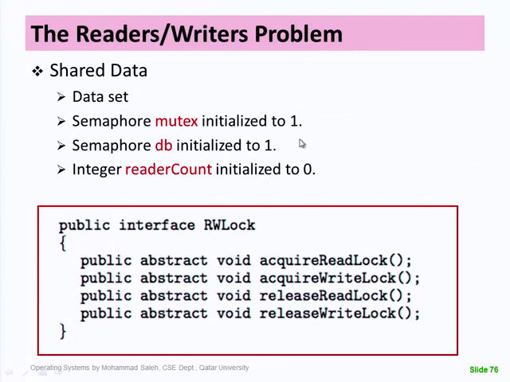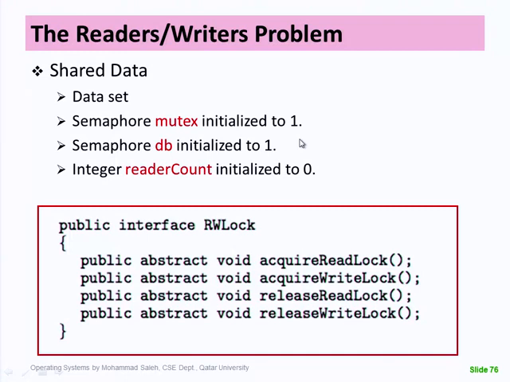What we need here is a locking mechanism for what? For the database itself. We need the thread to get hold of the database before it starts reading or writing, correct?